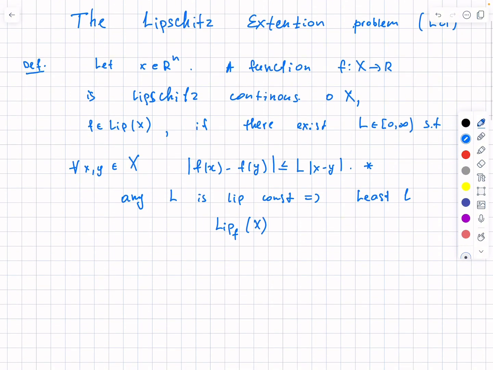Okay, now the Lipschitz extension problem. What is this?